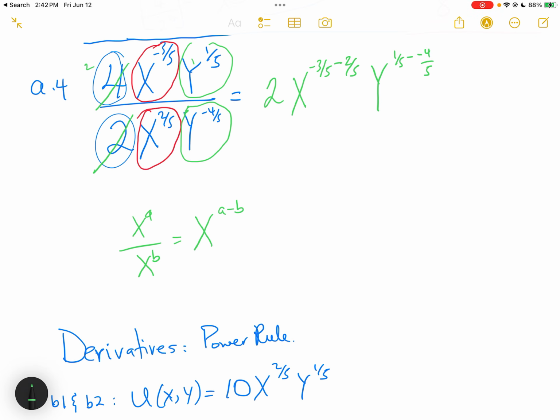And so from here, I can write this answer as 2 to the power x. Well, minus 3 over 5 minus 2 over 5 is minus 1. And 1 over 5 minus 4 over 5 is 1 over 5 plus 4 over 5, and that's y to the 1. So we can rewrite this as 2y over x, and that will be the answer.